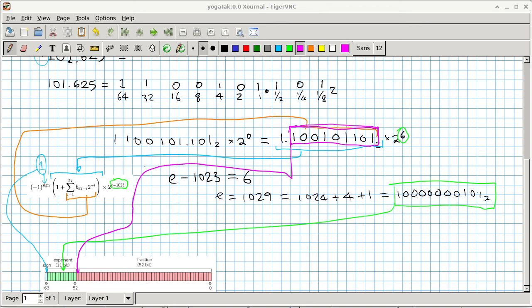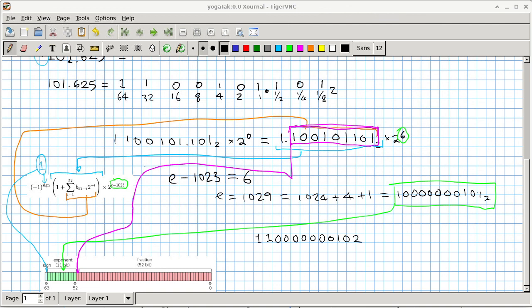So what I am going to do now is give you the exact bit pattern. We have 1 as the sign bit. And then the exponent, which is biased, is 1 followed by 7 zeros. Let me just do the counting here. Yep, 7 zeros: 1, 2, 3, 4, 5, 6, 7. And then 1, 0, 1. That is the green portion.